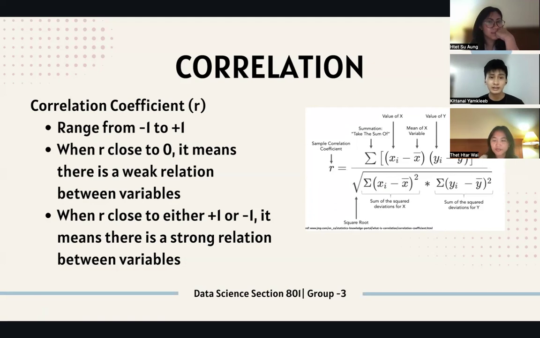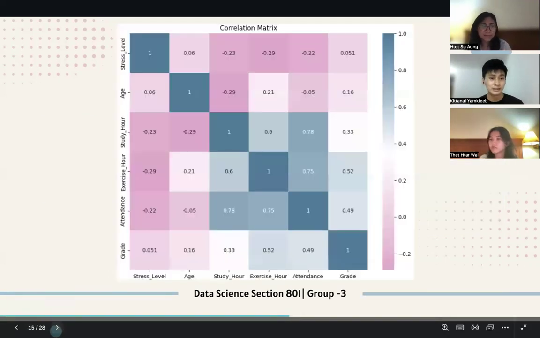So the next slide shows the result of the correlation coefficient for every variable in this data. We use Python to calculate it and create a chart. From the stress level column, we see that there are three negative correlations, which are attendance, exercise hour, and study hours.